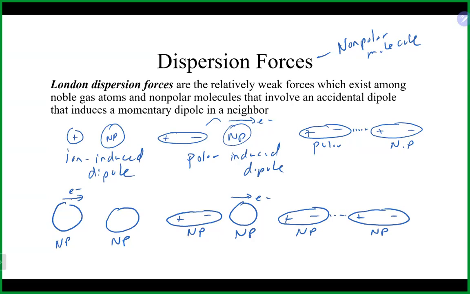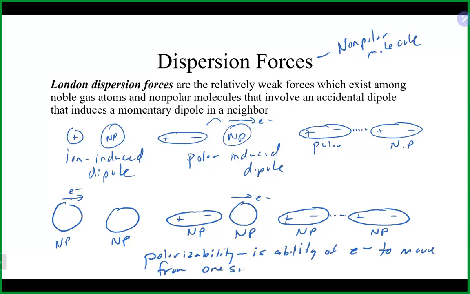This is what is sometimes referred to as polarizability. Polarizability is the ability of electrons to move from one side of the molecule to the other.